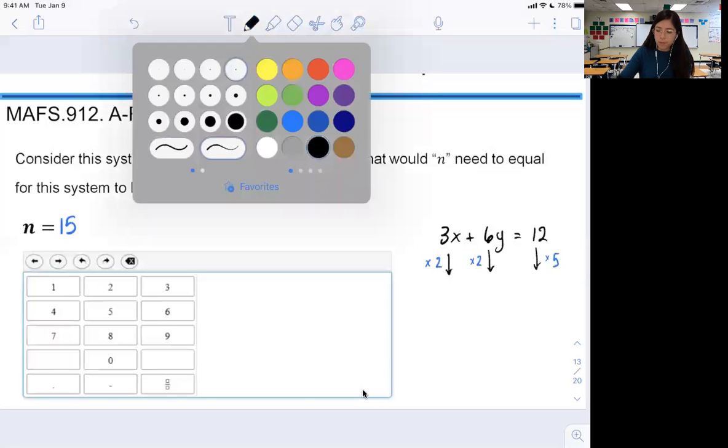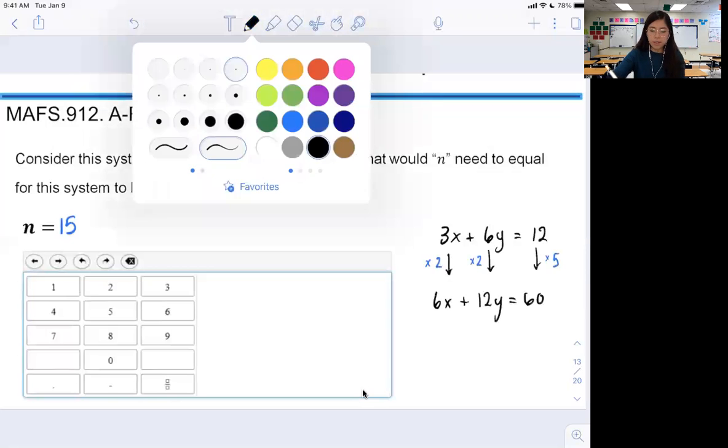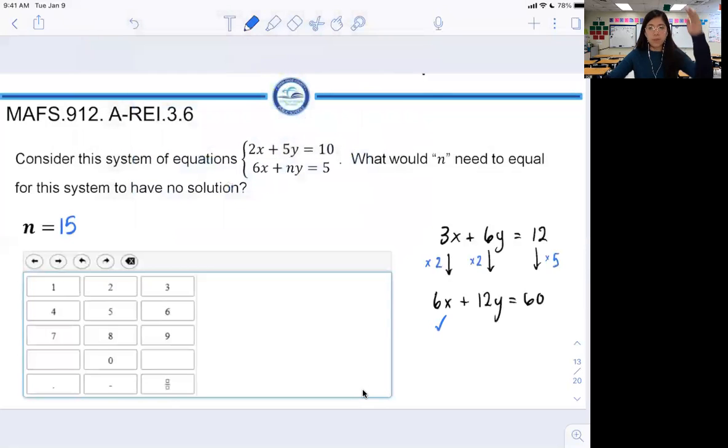So this would give me 6x plus 12y equals 60. These two have no solution because the x's are multiples, it's 3 times 2, and the y's are also multiples, it's 6 times 2. But then the actual answer doesn't match because this is times 5.